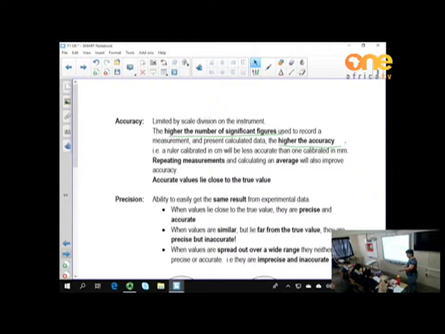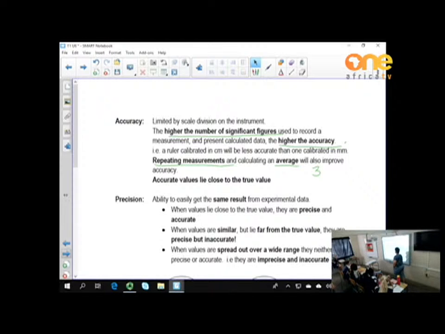If I have my ruler calibrated not in millimeters, but in tenths of a millimeter. We can improve accuracy by repeating measurements and calculating an average. Usually in science we do a minimum of 3. The more repetitions, the more accurate it becomes.